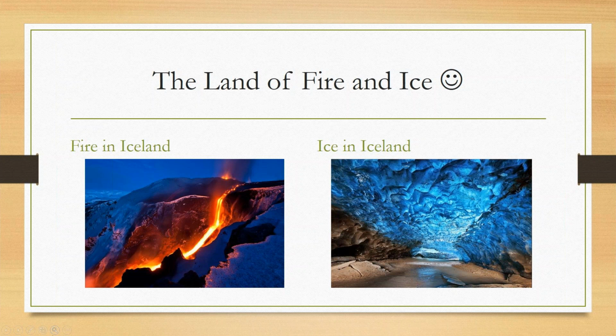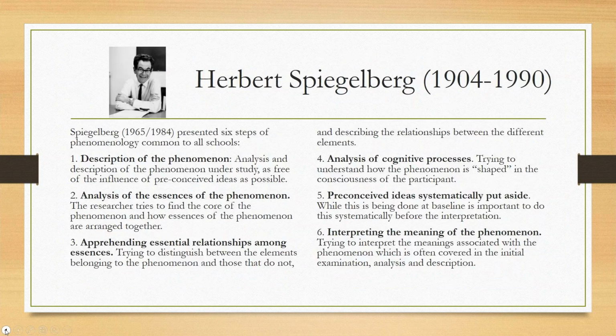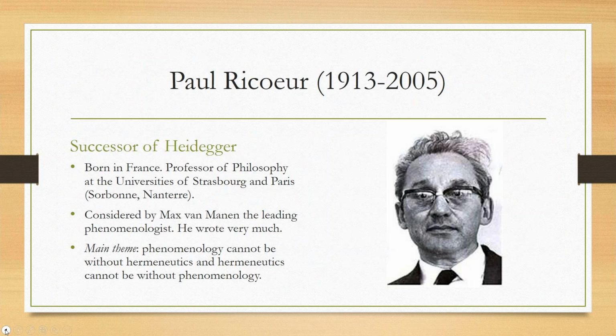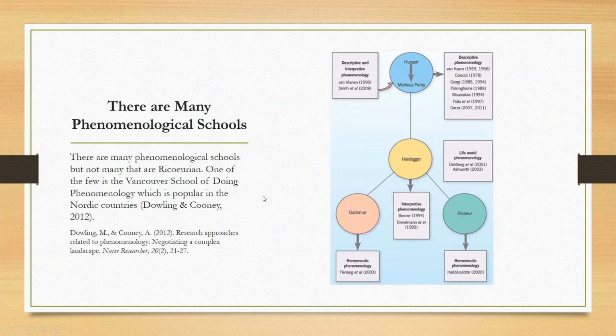But when I was looking at this picture that they made, which I found very helpful, this here, this is, of course, an oversimplification. There are very many schools that are not mentioned there.